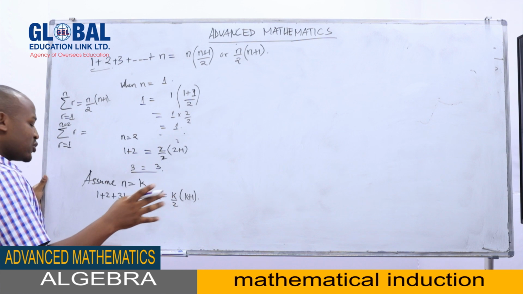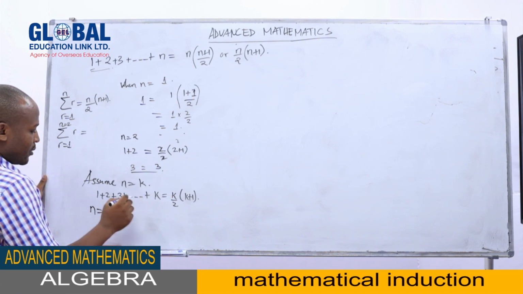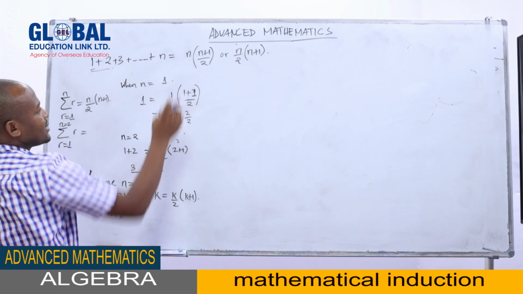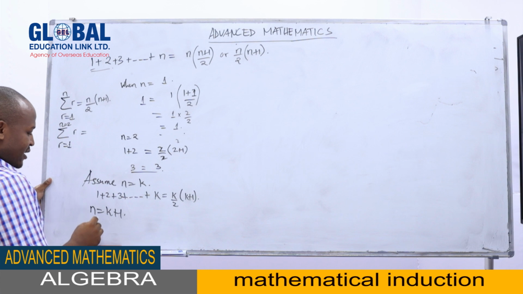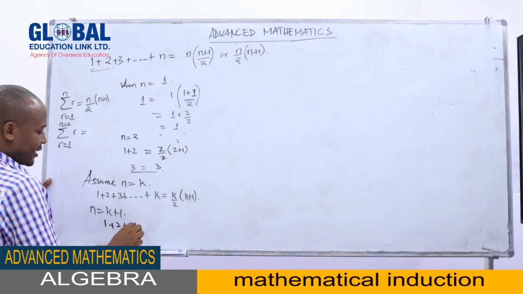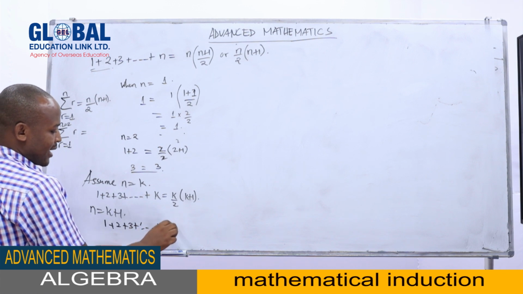Now we are trying to prove when n is equal to k plus 1. That means in the place of n there we shall add a k plus 1. That means what we are trying to prove is 1 plus 2 plus 3 plus down to k plus 1.